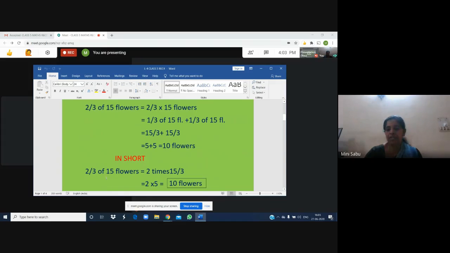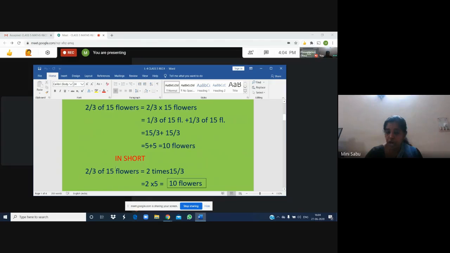Same question I am repeating with the short method. 2 by 3 of 15 flowers. We have already found the answer. We will check from here. 2 by 3 of 15 flowers means 2 times 15 by 3. This 2, and 15 divided by 3.